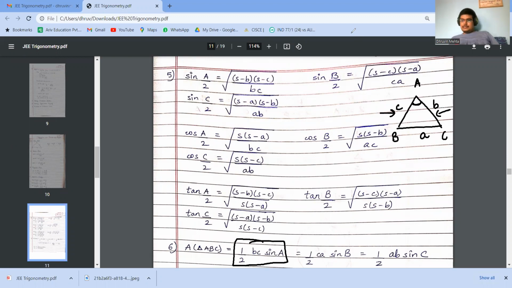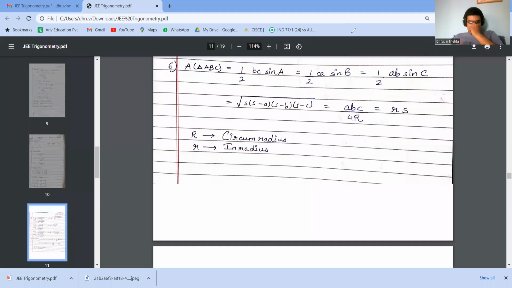Write this, guys. These are the other two formulas of area of triangle ABC: abc upon 4 into capital R, where capital R is the circumradius. Circumradius means the radius of the circumcircle.